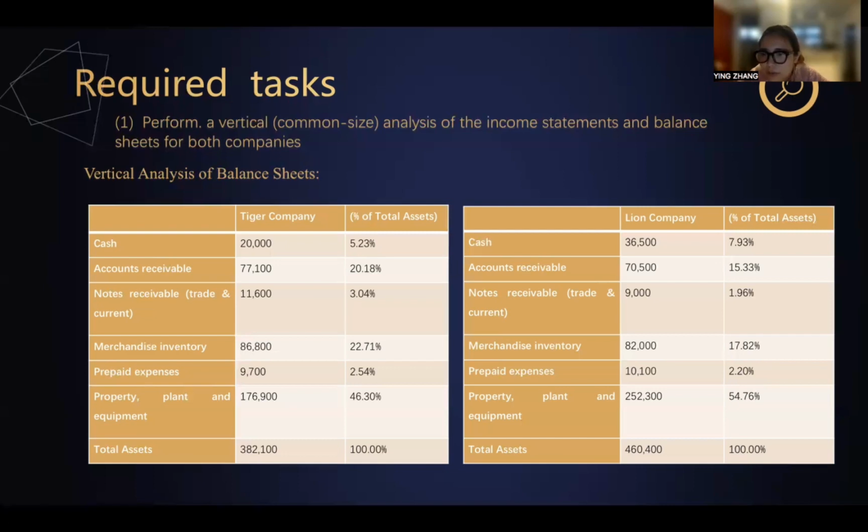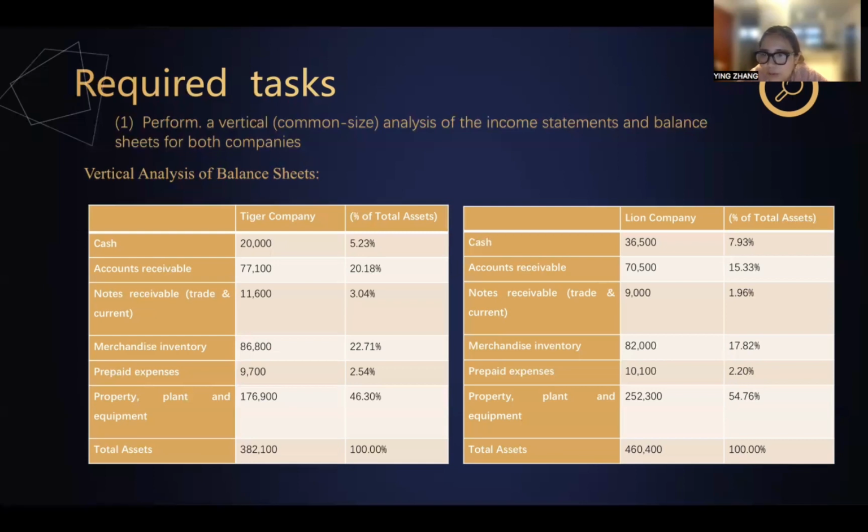Tiger Company's property, plant, and equipment represent 46.30% of its total assets, while for Loin Company, it accounts for 54.76%. This suggests that Loin Company relies more on fixed assets, requiring additional capital investment and asset maintenance.